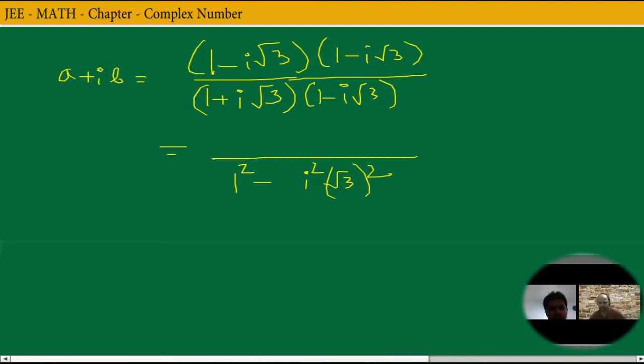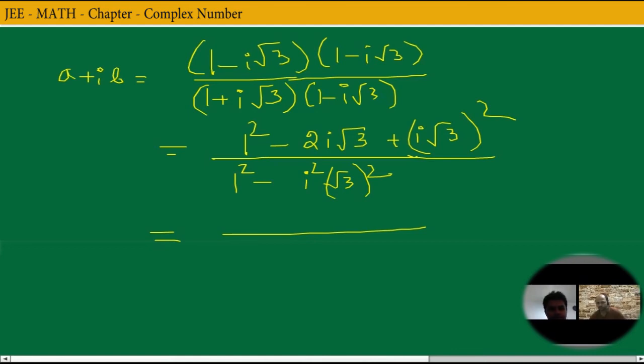The numerator will be in the a minus b whole square form. So 1 square minus 2 into 1 into i root 3, plus i root 3 whole square. Yes. So what would be the value of i square?